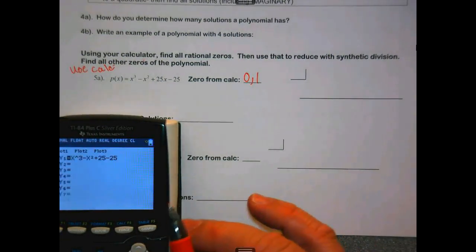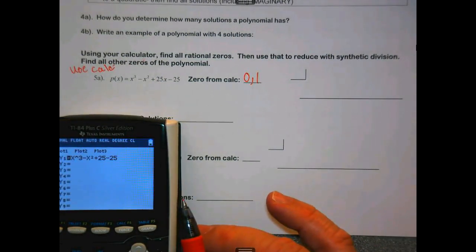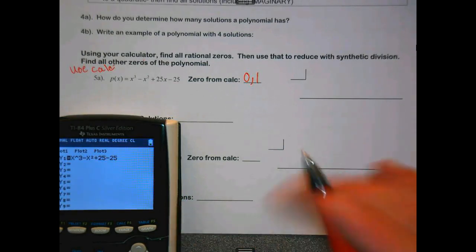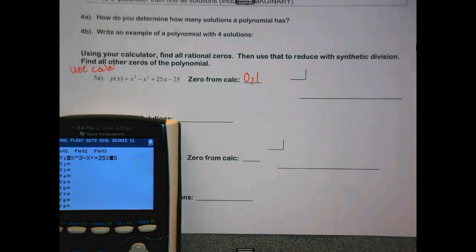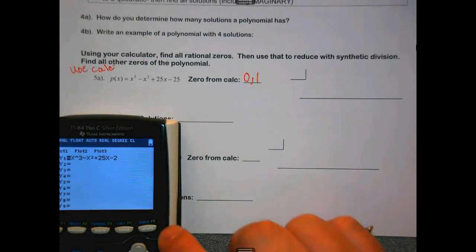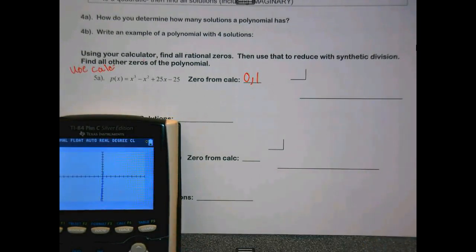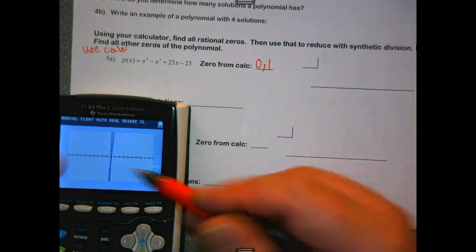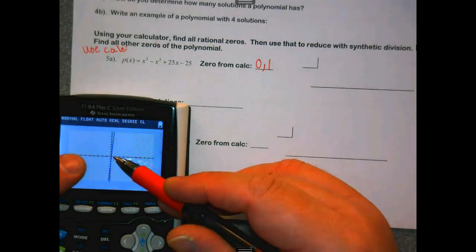Let me make sure I type this. X cubed minus x squared. Oh, I forgot an x. See, I knew something wasn't right. Much better. Is this what you guys got? All right. So again, it looks like I have a 0 at 0.